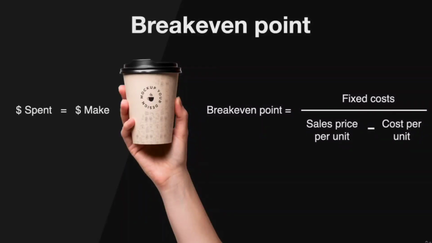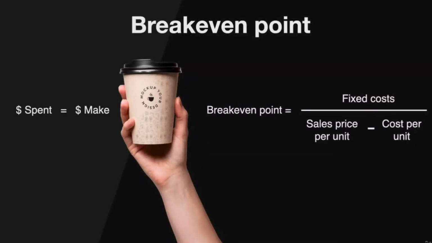So for example, if we want to calculate the break-even point in a month, we have to know what our fixed costs are, like rent, like employees' salary and so on, and divide that number by the sales price per unit. For example, if we sell this coffee for $2, here we write down 2, minus the cost per unit, how much we spend to create this coffee. For example, $1. Okay, so here we write down 2 minus 1.